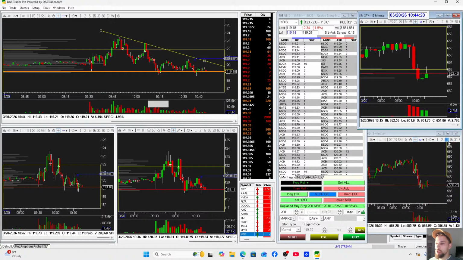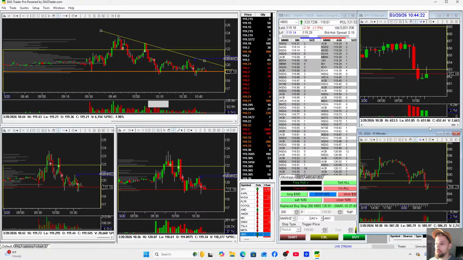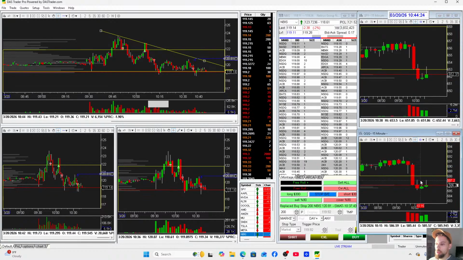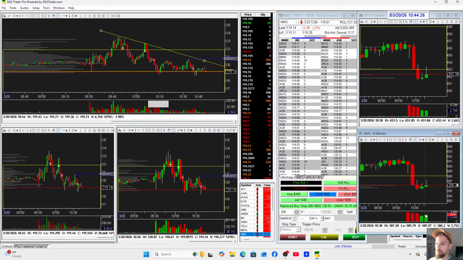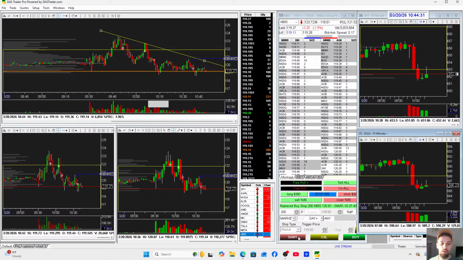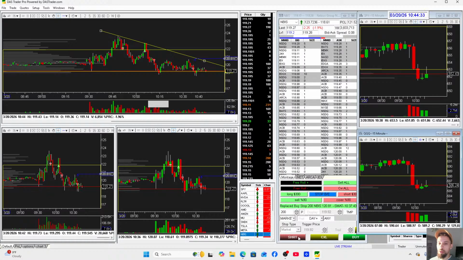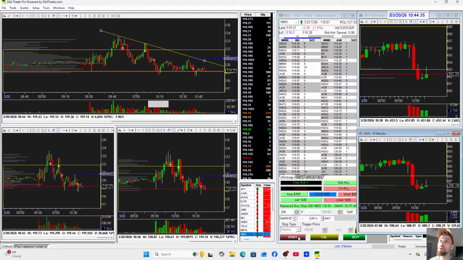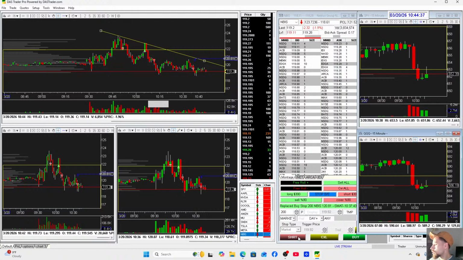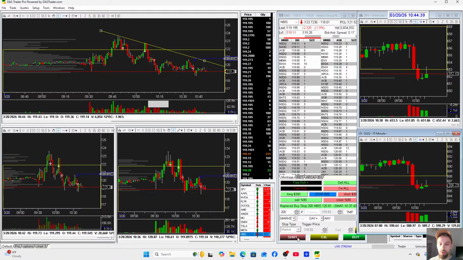15 on SPY looks great for a rejection. 15 here showing resistance at that level. Volume's increasing. I think I'm going to add to my position here. $15 looks good.